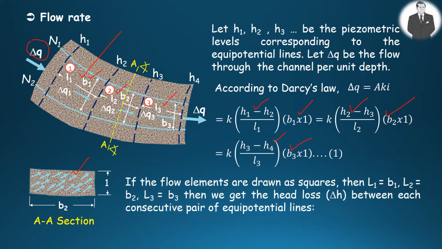If now the flow elements are drawn as squares, then the width and the length of the elements will be the same. In this case, we get the head loss between each successive pair of equipotential lines as given in equation 2.